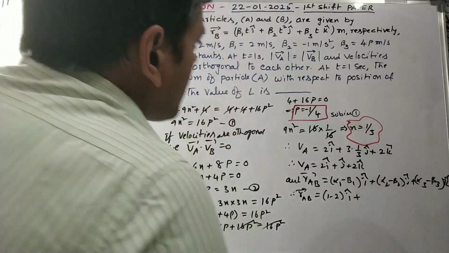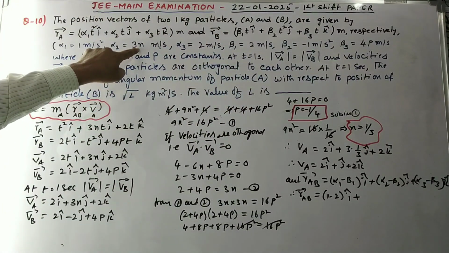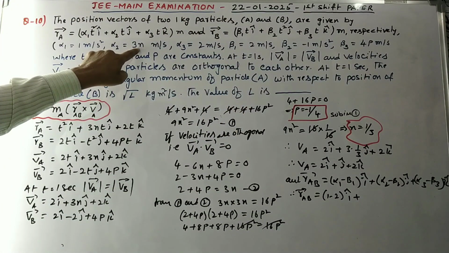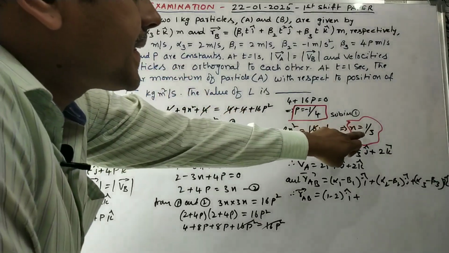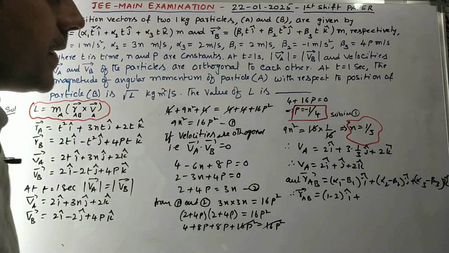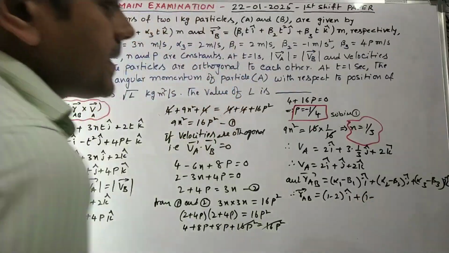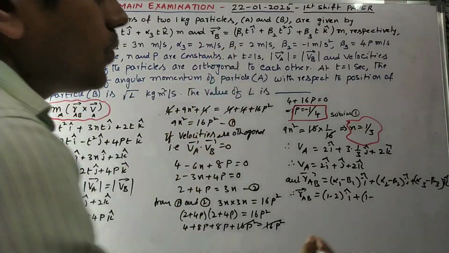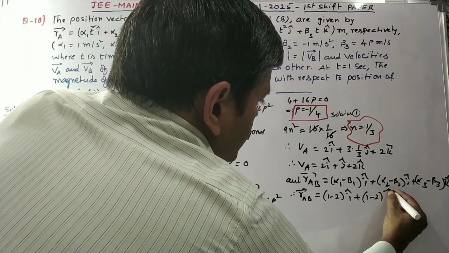Plus alpha 2 is 3n, but n is equal to 1 by 3, so 3 into 1 by 3 is 1, minus beta 2, j cap.